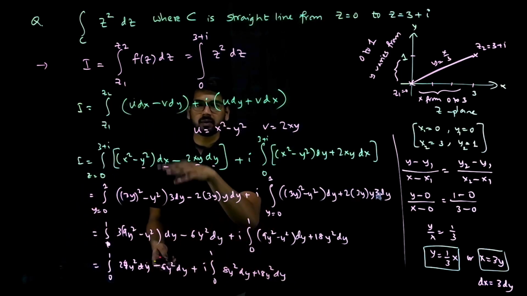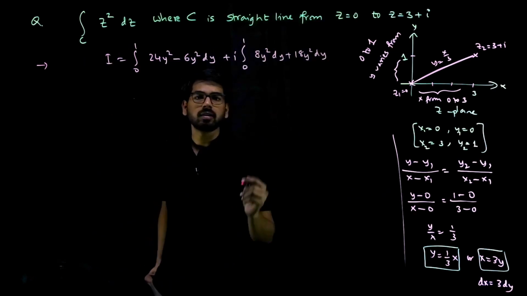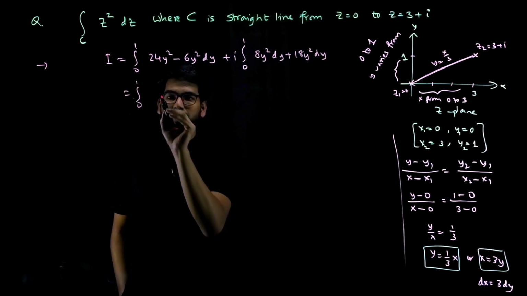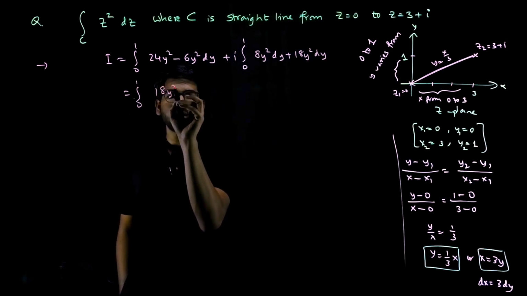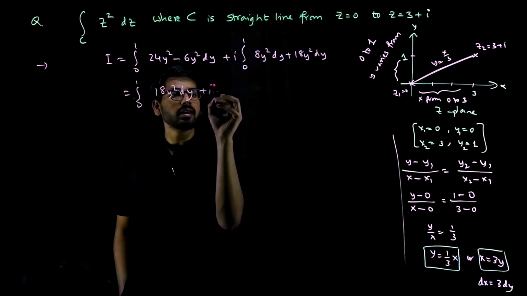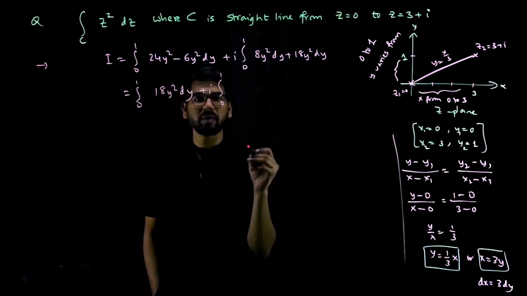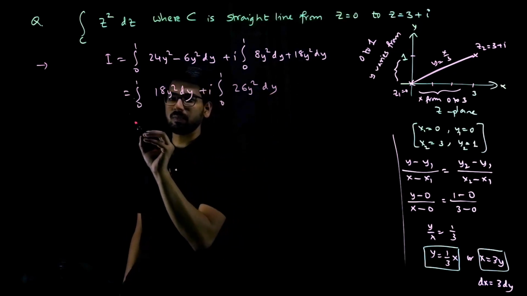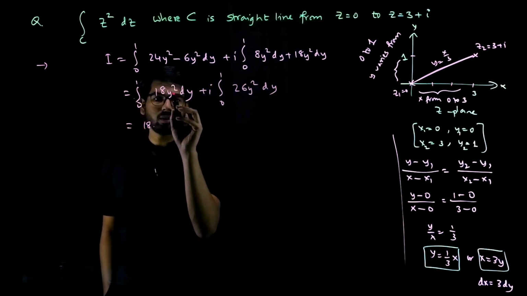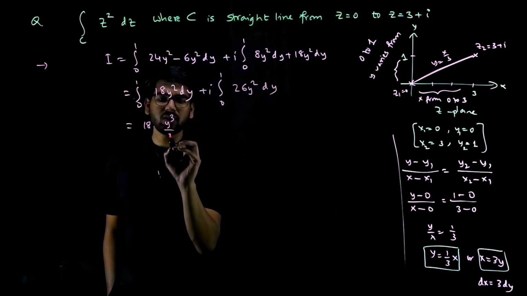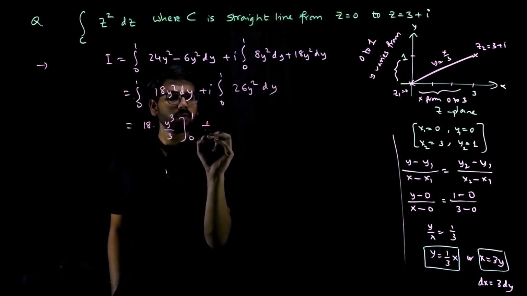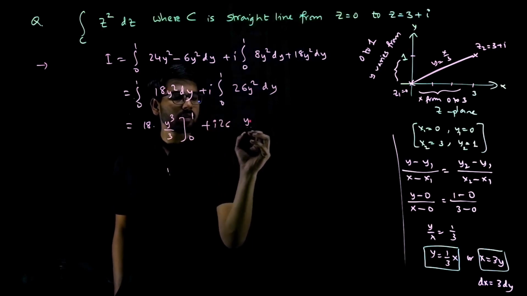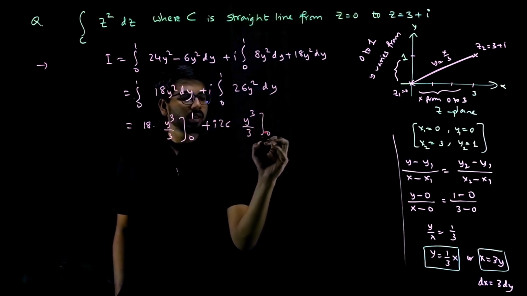Let me make some space and we'll continue. So from here, integration 0 to 1, 24y square minus 6y square is 18y square dy, plus i integration of 0 to 1, 8y square plus 18y square is nothing but 26y square dy. So 18 outside, integration of y square is y cube by 3 from 0 to 1, plus 26 outside, integration of y square is y cube by 3 from 0 to 1.